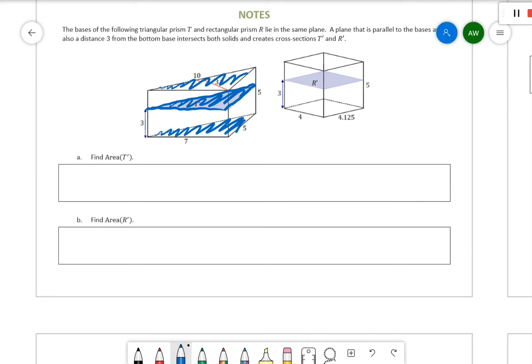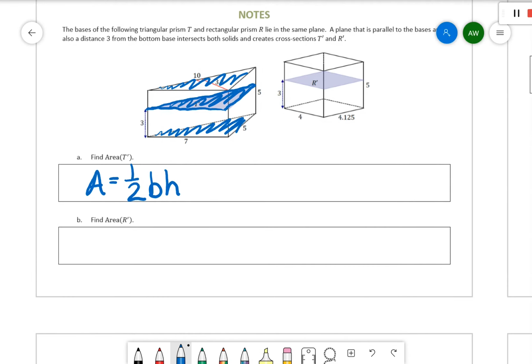All of them are the same. So for this one, you're going to use your area formula, right? The area of the triangle, we're not finding volume, we're just finding area. Area is going to be 1/2 the base times the height of the triangle, right? So you can go ahead, pause this video now, and you can figure out what the area is.